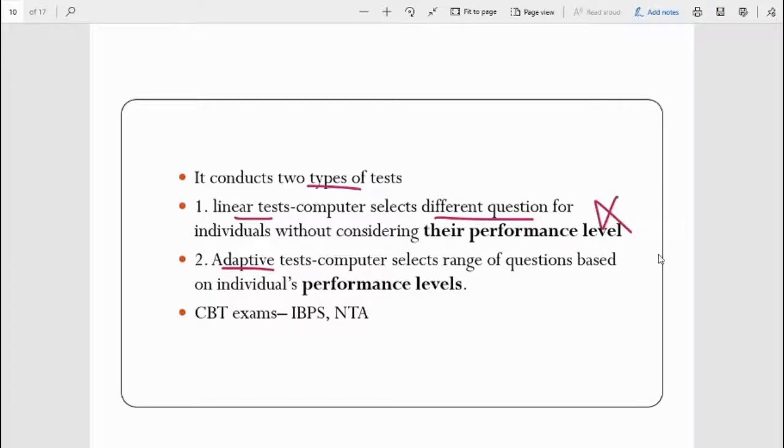Okay, there is no relationship at all. But in adaptive test, they are related. The computer selects questions based on the individual's performance level. Okay, so this comes under this. And examples of CBT exams are like IBPS, that bank exam, and NTA conducts the NET exam. So all this comes under this type of test under CBT.